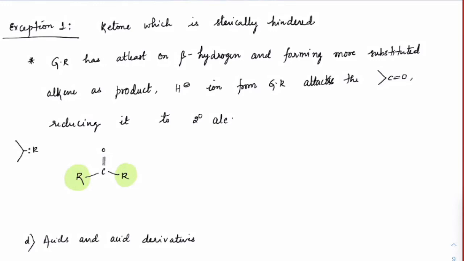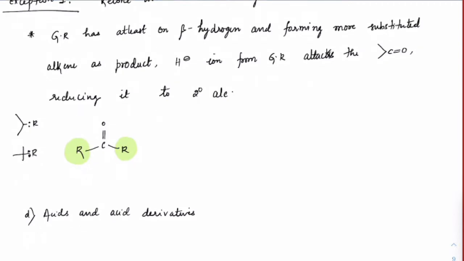So when they are bulky enough, then what we can expect, that the beta hydrogen from the carbon from Grignard's reagent like this, CH2 minus MgBr plus, this would come as H minus and attack this carbon, and this minus will close as double bond.